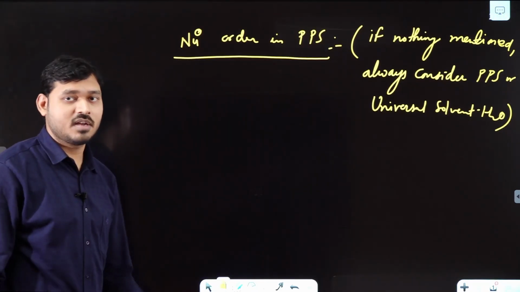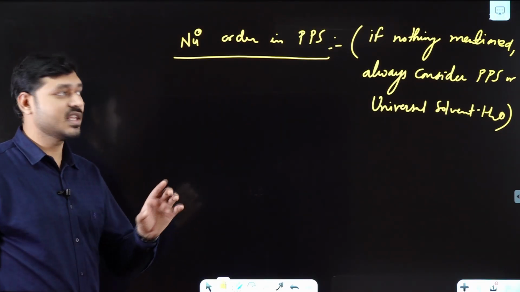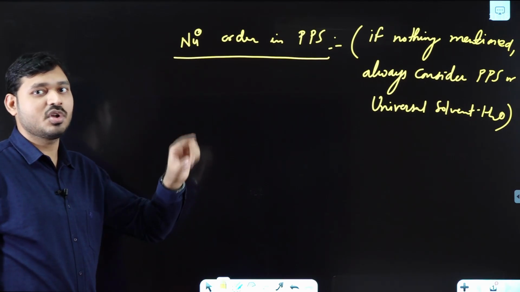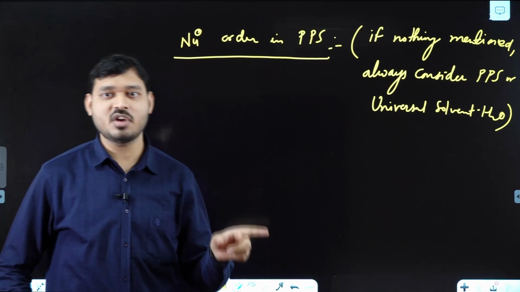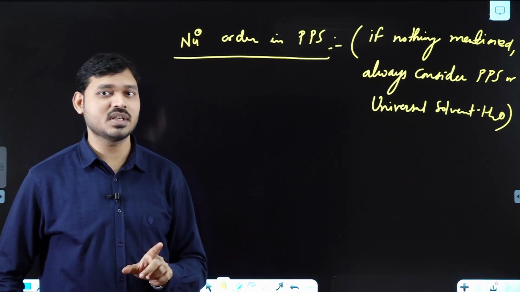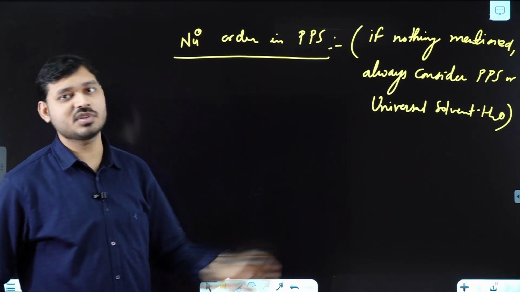Clear? Remember, many a time this question has been asked about nucleophilicity order and it has not mentioned whether the solvent is polar protic or polar aprotic. So what you need to consider? You need to consider polar protic solvent.